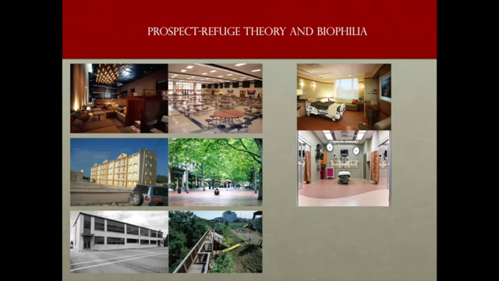And so there are certain types of environments that either score very highly on prospect refuge or not. And then depending on whether that particular environment does or does not adhere to prospect refuge, then we either like it or don't. Biophilia refers to the idea that we have this innate love of nature.